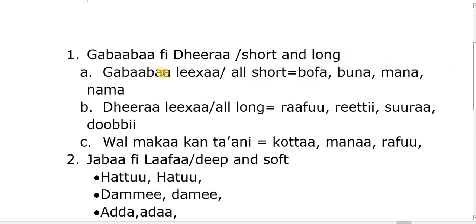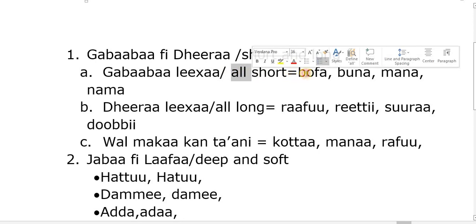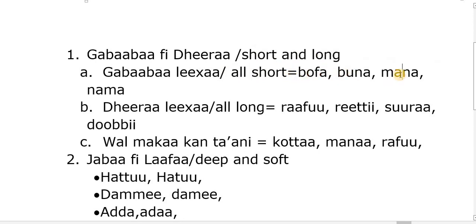So we also say all short. Okay, these are all short, or we say gababa later. Why all short? Because every sound in this word is short. We didn't have any long sounds. It's also the same when we have all long words. Rafu, both are long. Reti, both are long. Sura, both are long.